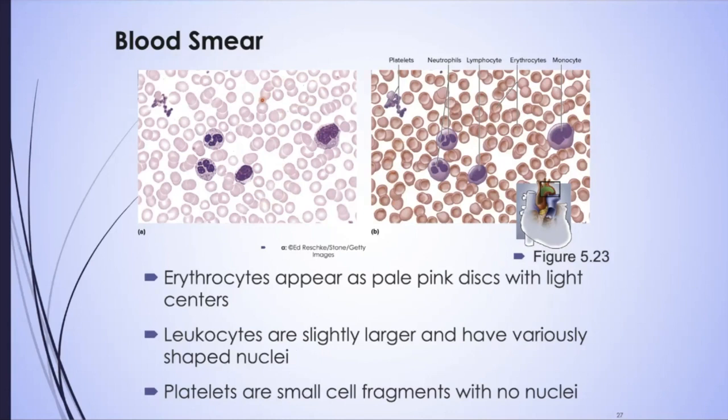These are your red blood cells or your erythrocytes. These are your leukocytes. It's labeling them very specifically: neutrophils, lymphocytes, monocytes. And your platelets are going to be the smaller fragments that do not contain nuclei. Over here, these are your platelets, and they drew them out for you. They do not contain nuclei.